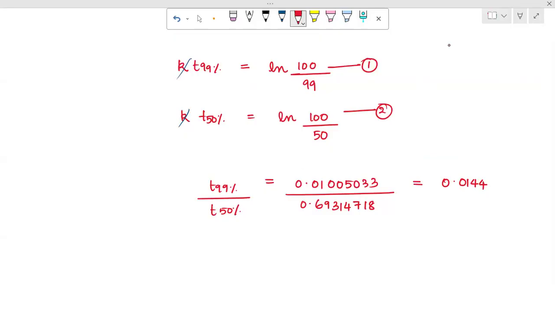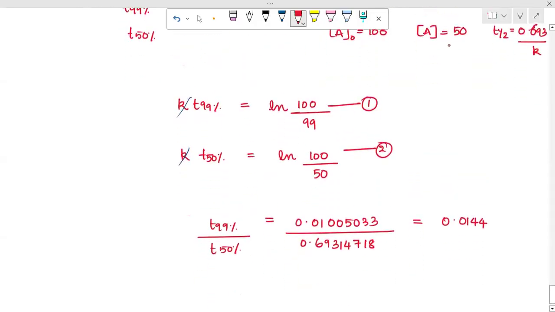Oh, I got it. What I have been doing is I have to put the amount of A left. That is what I'm missing out. So this is 1. Okay, that is the problem. Sorry, I'm so sorry. So it is ln 100 by 1, so that is ln 100, which is 4.605.